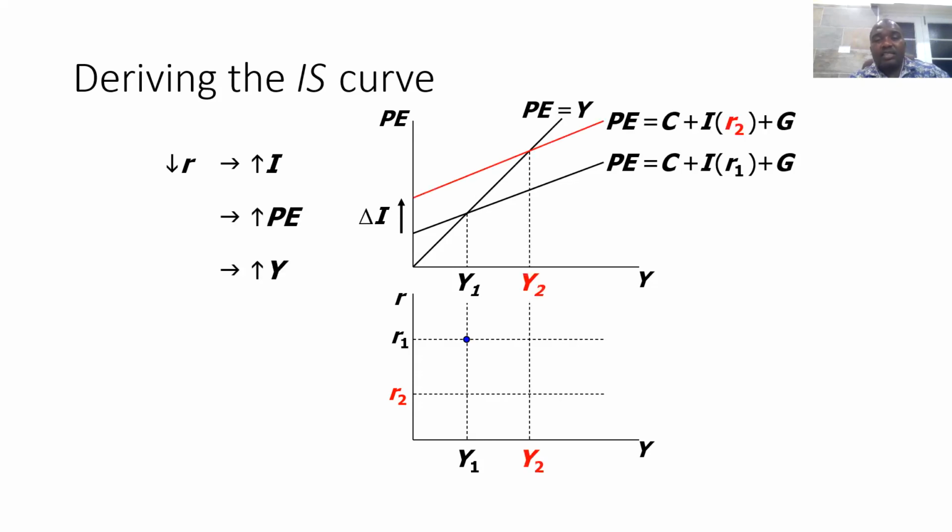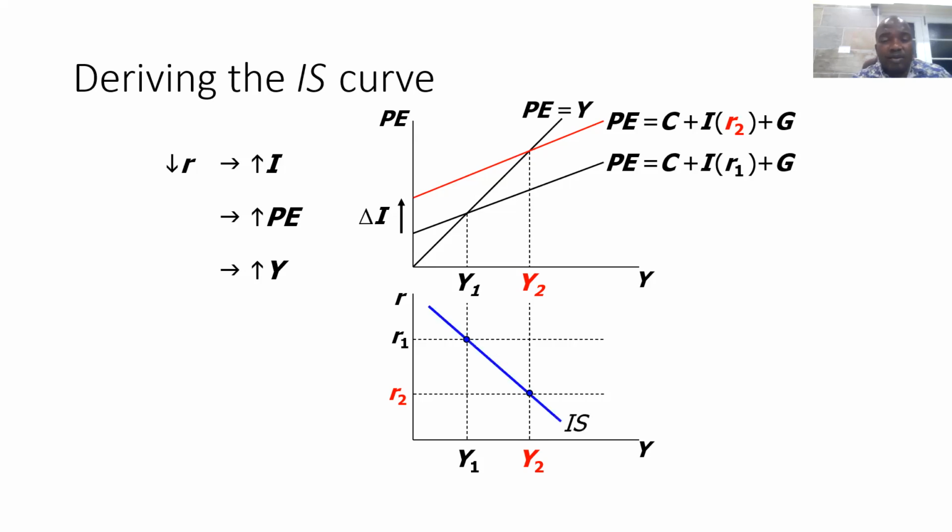And this obviously yields a higher level of national income, because with more investment, we expect national income to experience this multiplied rise in accordance with the investment multiplier.